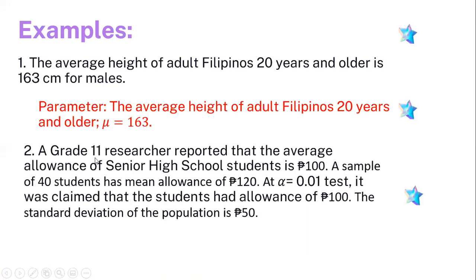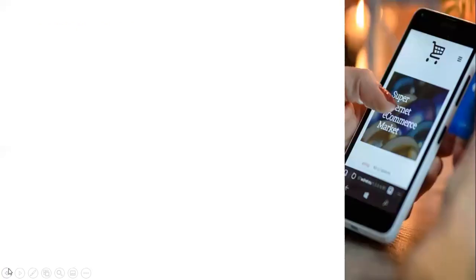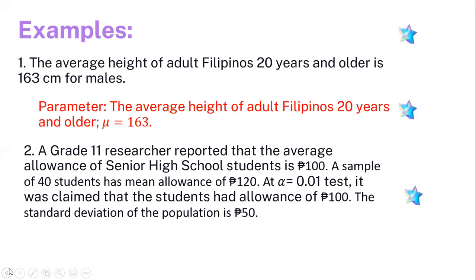Okay, let's have the second one. A grade 11 researcher reported that the average allowance of senior high school students is 100. A sample of 40 students, so you have your clue already, has a mean allowance of 120. At alpha equals 0.01 test, it was claimed that the students had an allowance of 100 pesos. The standard deviation of the population is 50 pesos.